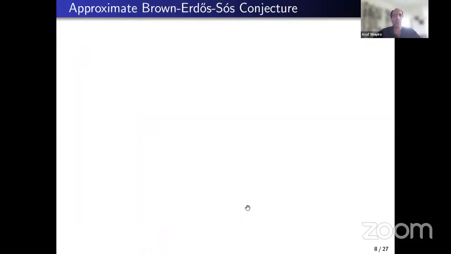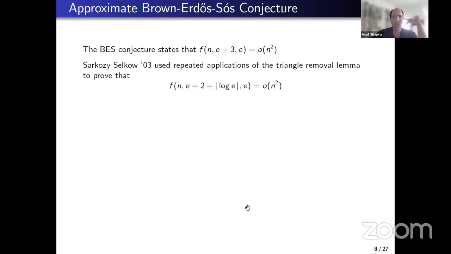So with this state of affairs, it's natural to consider an approximate version of the Brown-Erdős-Sós conjecture, which I'm stating again. It says that if you forbid e edges spanned by e+3 vertices, then the 3-graph contains at most little o of n squared edges. So Sárközy and Selkow used repeated applications of the triangle removal lemma in order to prove an approximate version, meaning that if you forbid e edges spanned by e + log e vertices, then you get little o of n squared.